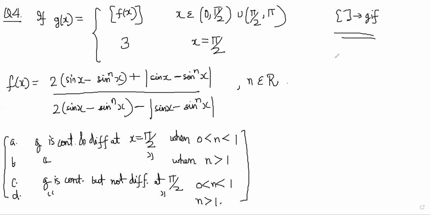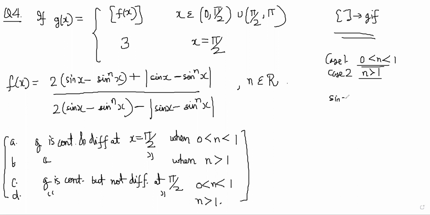Basically, the idea is to take two cases. Case one is when 0 < n < 1. Case two is when n > 1, right? Why these two cases?